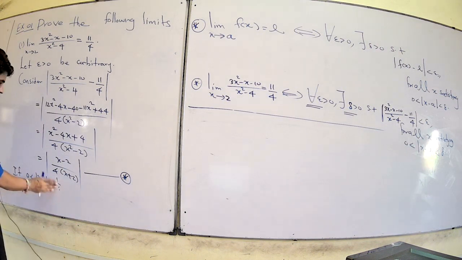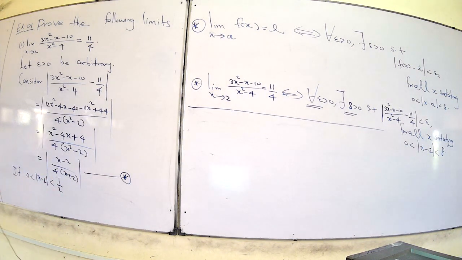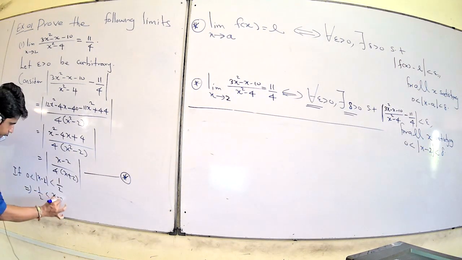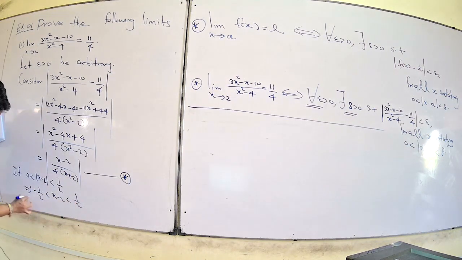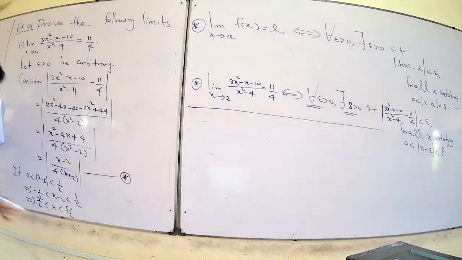We can choose half, no problem. You can choose 1 by 4, 1 by 8. Now, if you take this part, you have minus half less than x minus 2 less than half. Then you will have 2 minus half, which is 3 by 2, less than x less than 5 by 2, right?